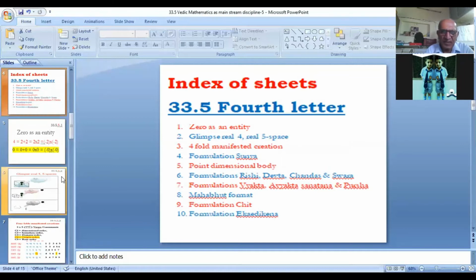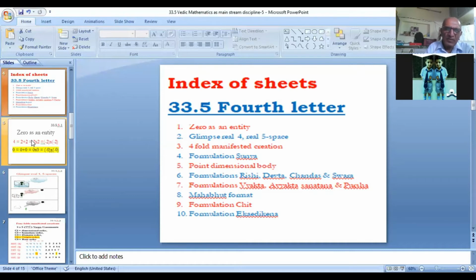The first step is the step of comprehension of zero as an entity. It is an entity like any other entities. It may be visualized as a point body. Therefore, zero as value, zero as a point body, zero as an entity, zero as an element of cardinality 1, zero being an empty space, space without elements, but being a space.